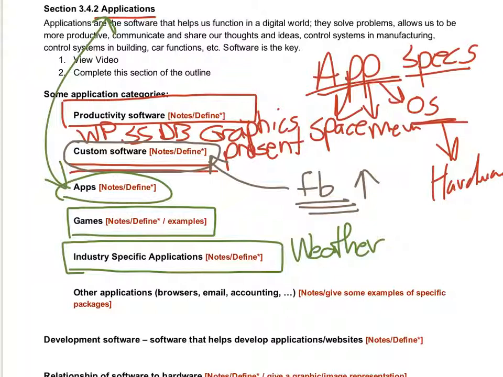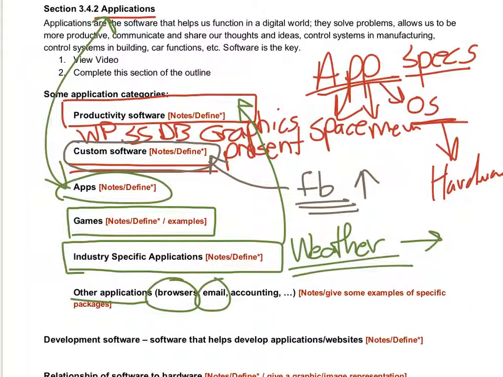Even though at a weather station they may use some productivity software, they have specific software that monitors the devices and so forth. They probably have their own way of moving that information. We have lots of other general pieces of applications. A browser is a type of application. You might have an email client. You might have some accounting software, QuickBooks, and so forth.